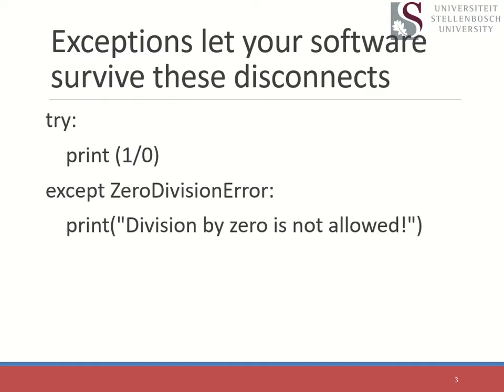So I'm going to explain that this looks quite a lot like the whole if-else kind of structure. It's indented the same way, but it's handled quite differently. We have a section of code that's indented under try. So try and except are these two pieces that we're working with.